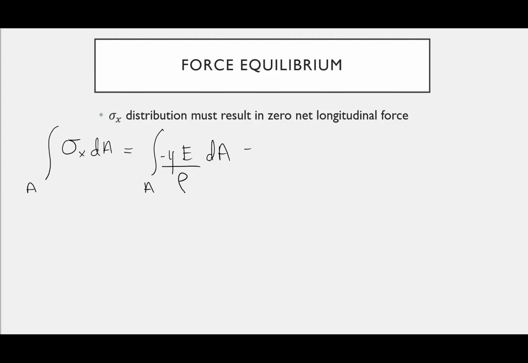Okay. We can pull E and rho out because those are constants. And we can pull the negative sign out. And what's left is the integral of y dA.